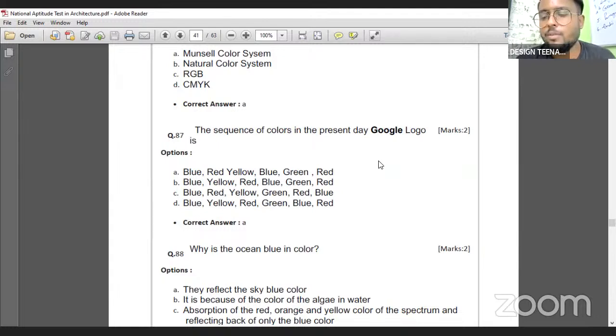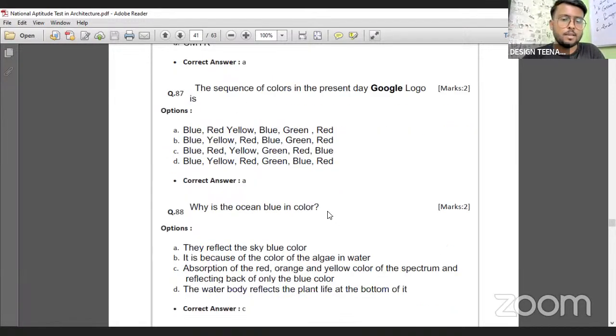So first blue, then red, then yellow, then again blue, then green, then red. These are things we have used, we feel we know the question, but we overlook them, and these are the questions which might come.